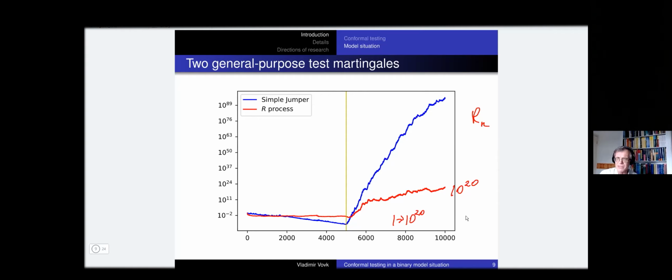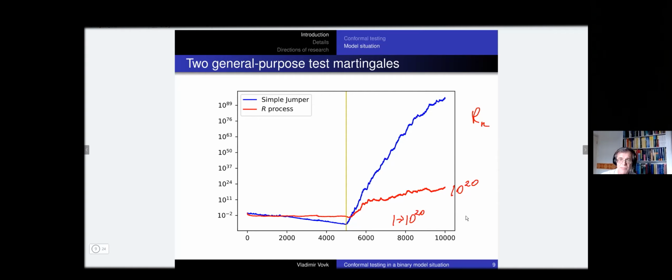And these astronomical numbers, I'm interested in them only to compare different approaches. In practice, of course, 10 to the 20 is more than enough. We can reject our hypothesis. But in this case, I just wanted to consider this model situation and find out how rich we can become.